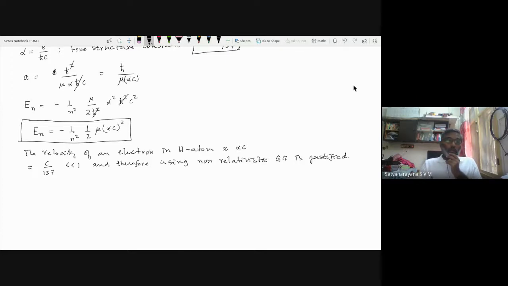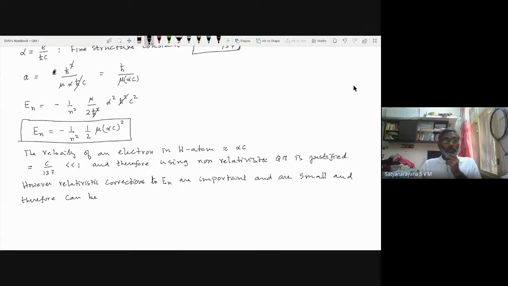However, relativistic corrections to the energies, to En, are important, and are usually small, and therefore can be perturbatively calculated.